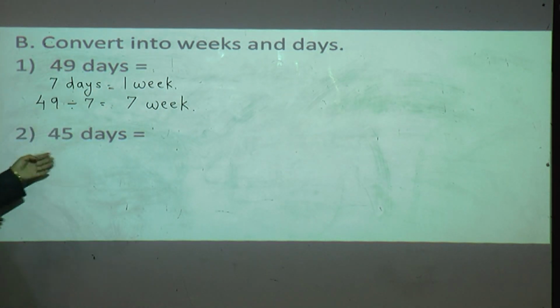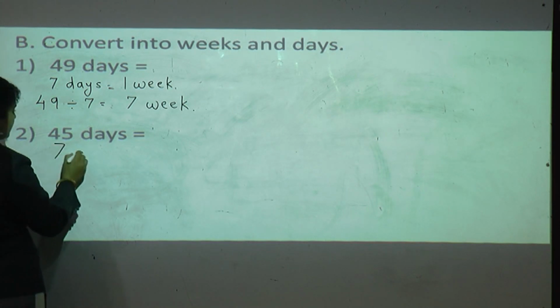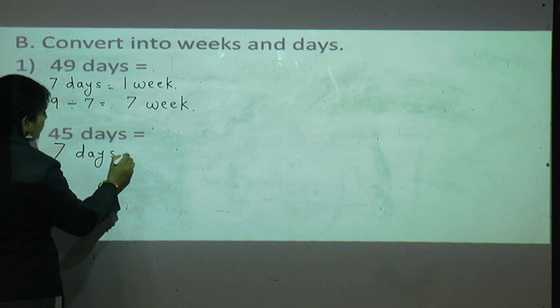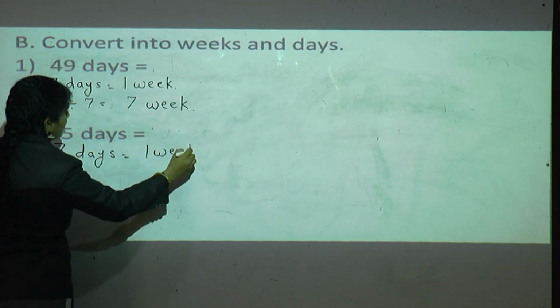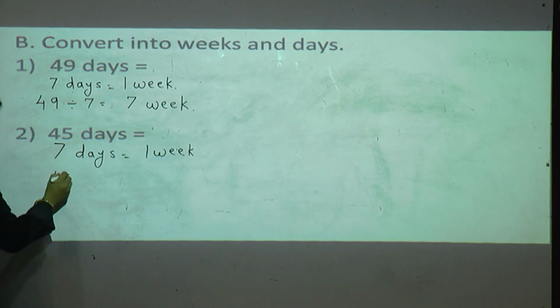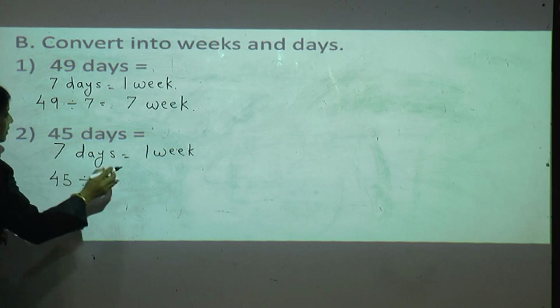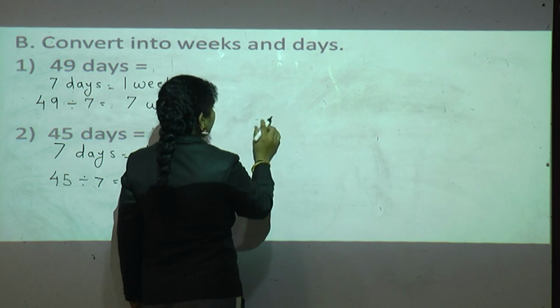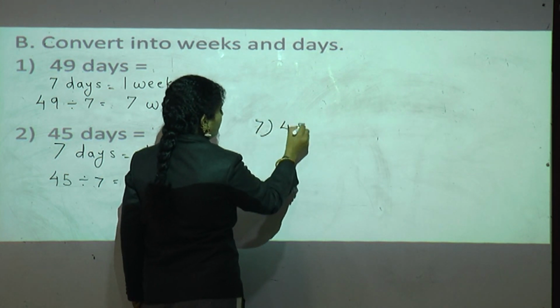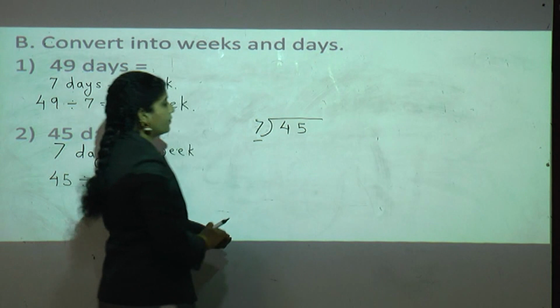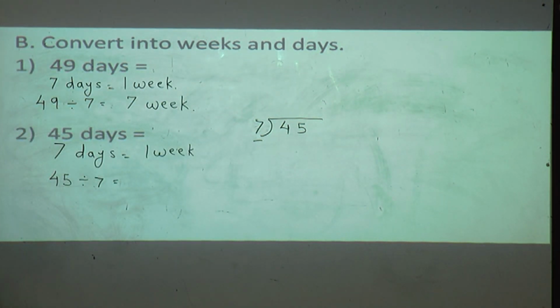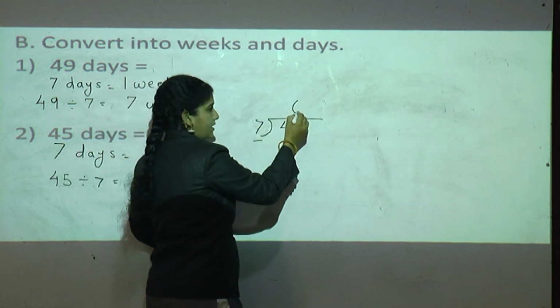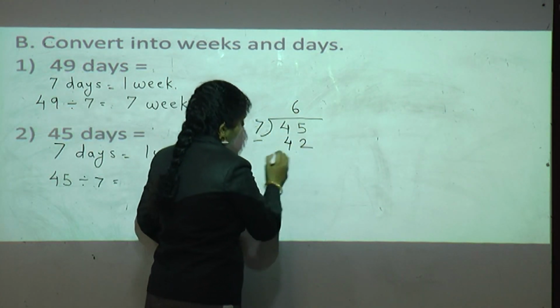Okay, now here 45 days. So all of you know that 7 days equal to 1 week. Okay, so divide 45 by 7. I will show you the division. See here, 45. Okay, so we can divide it by 6. 7 sixes are, yes, 42.